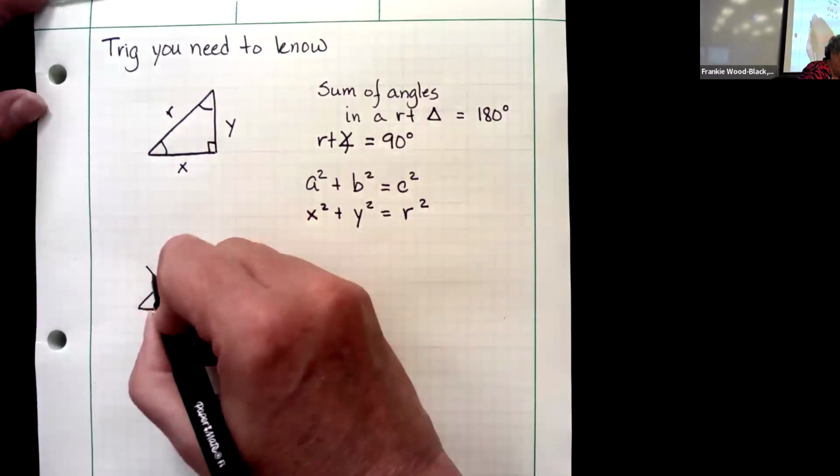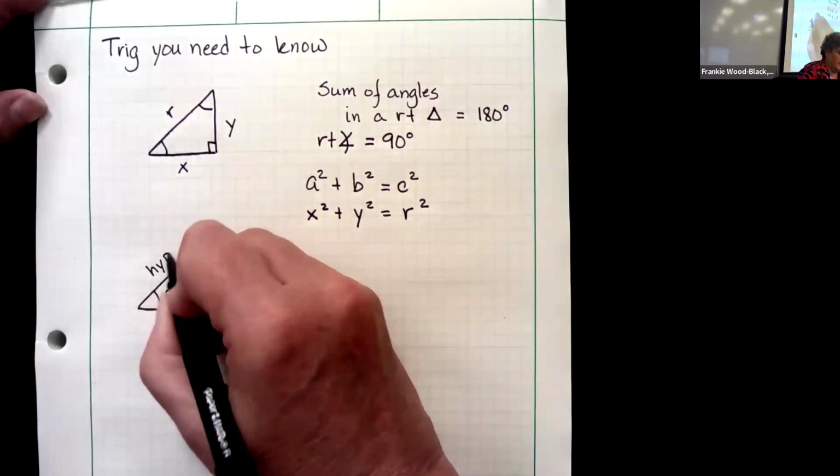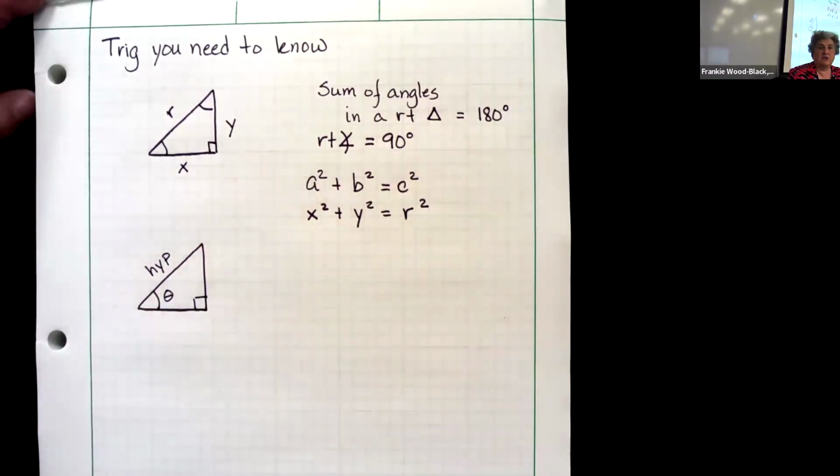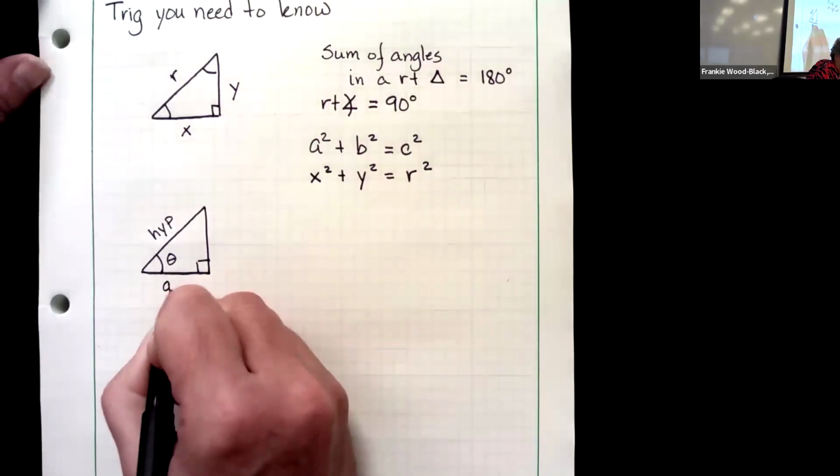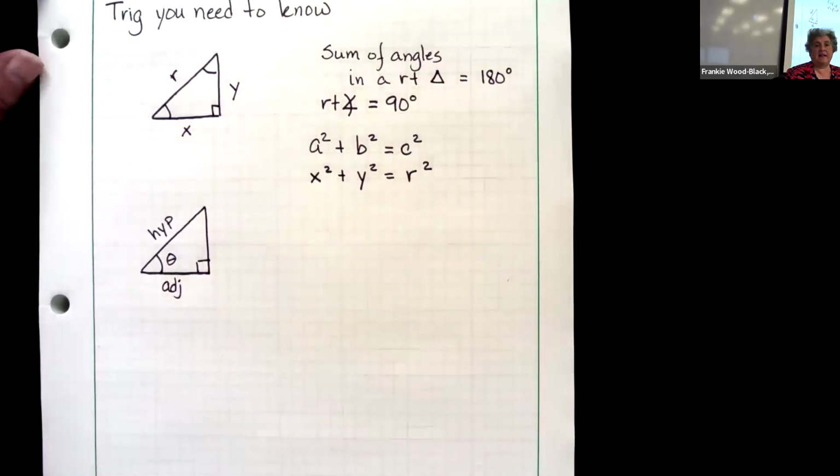We're going to call this the hypotenuse, right? Just like what I have for my R, we're going to call that the hypotenuse. We're going to see why we call that R in a little bit. Then we're going to call this the adjacent side, the side that's touching the angle that I'm interested in.